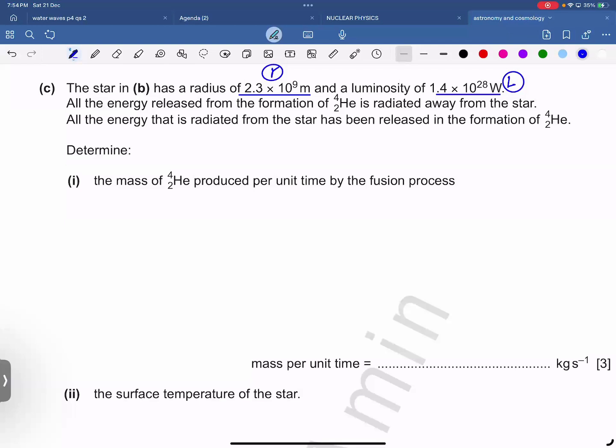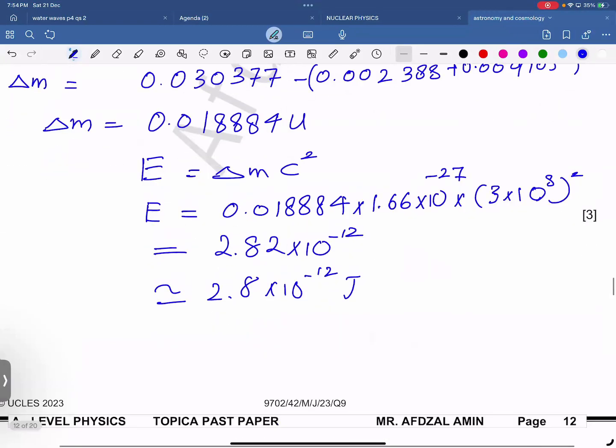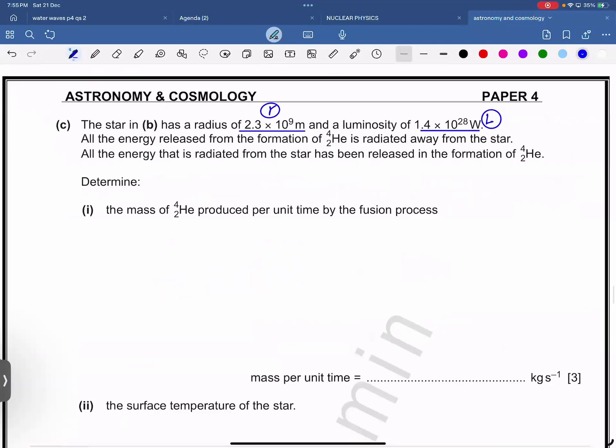The mass of helium produced per unit time by the fusion. So how much mass is produced? The total luminosity you have and the distance you have. How will this distance and luminosity help you, using this energy, to find the total mass of helium produced?